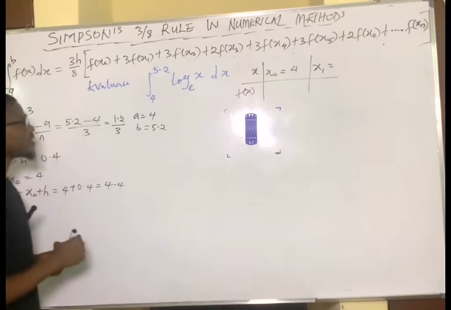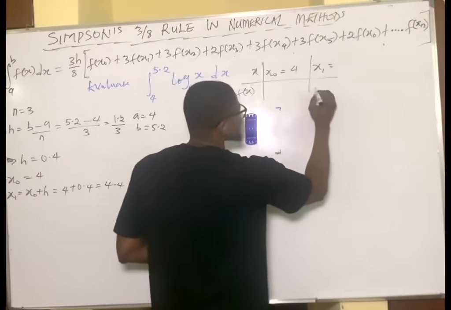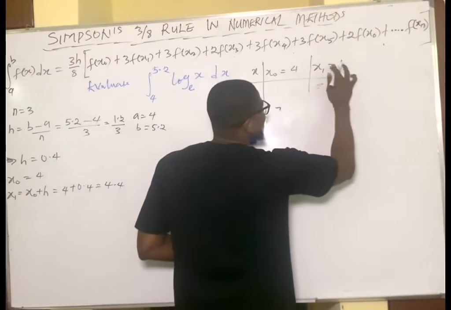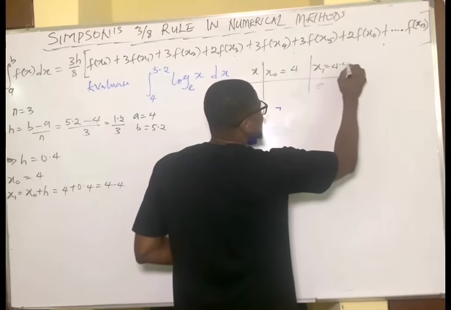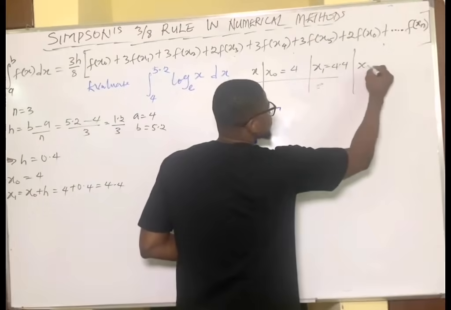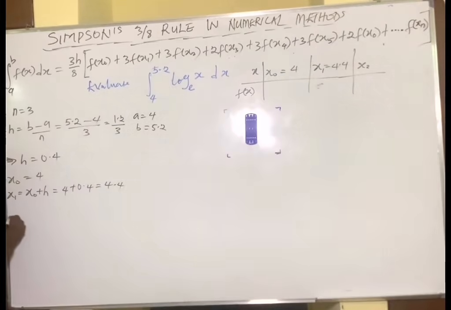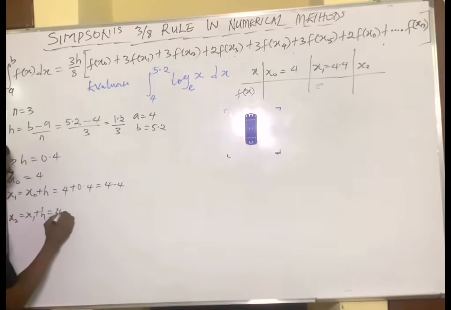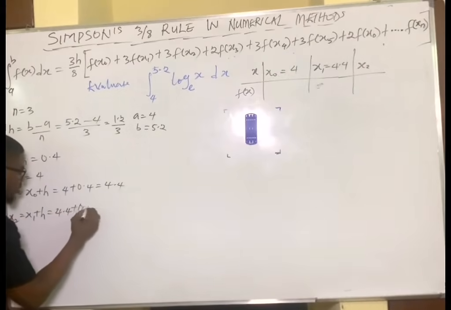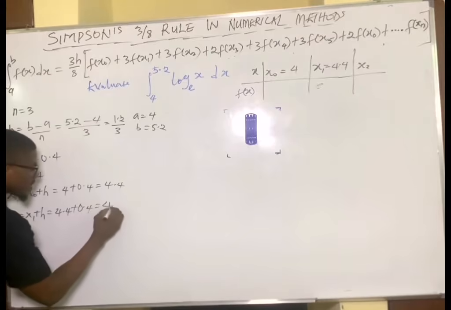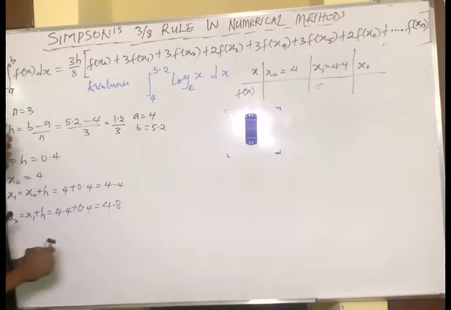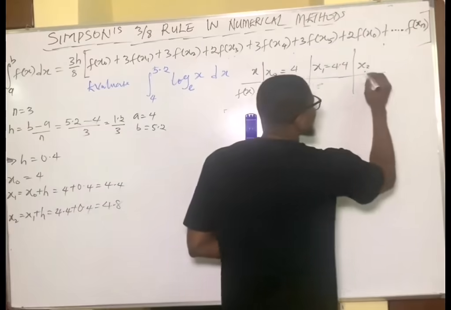So x1 equals 4.4. Next is x2, which is equal to x1 plus h. This is 4.4 plus 0.4, which is 4.8. So x2 is 4.8.